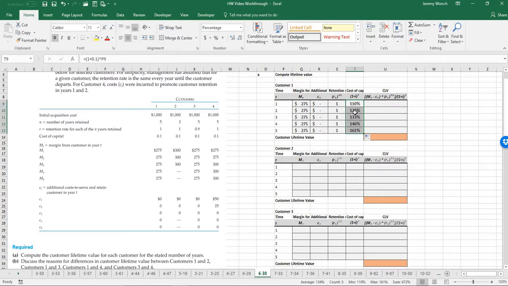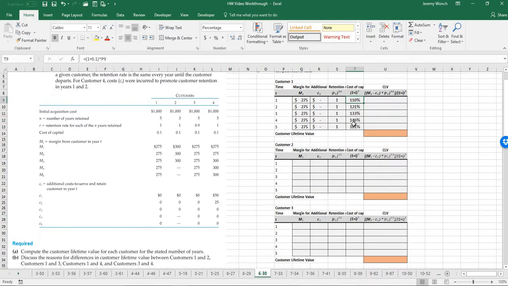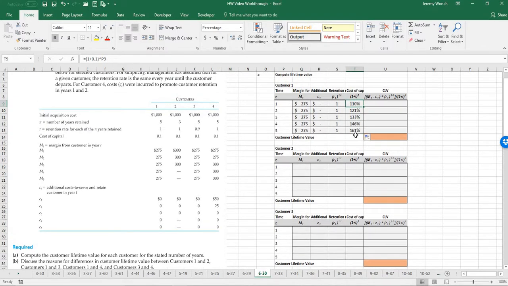That's basically going to use that interest rate to discount these values. So the higher the interest rate here, the more we're going to discount these dollar amounts. And that makes sense. $275 5 years from now is going to have a high discount rate, which means it's going to be worth a lot less than it would be if we have $275 today.